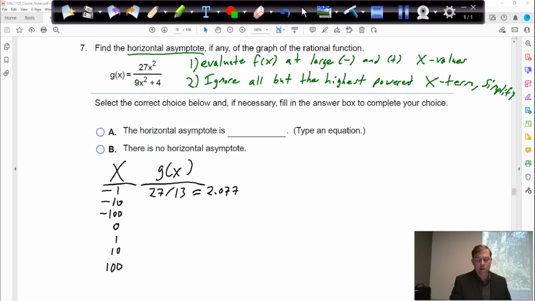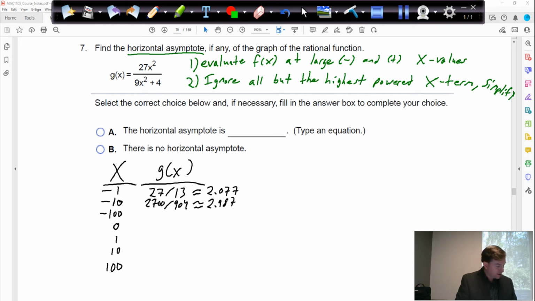Now try minus 10. The minus isn't going to matter because those squares are going to get rid of it. So 10 squared is 100, so you get 2700 over 9 times 100, which is 900 plus 4, 904. And if you divide 2700 by 904, you get approximately 2.987. Plug in minus 100, you get 270,000 over 90,004.